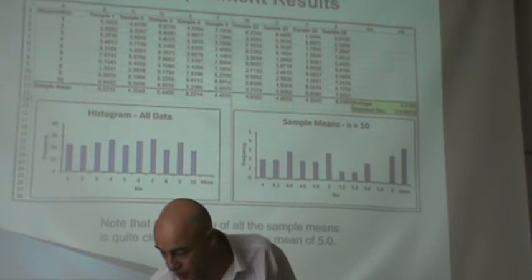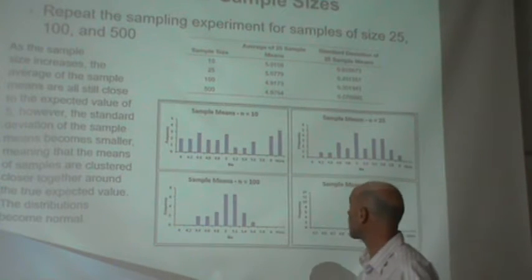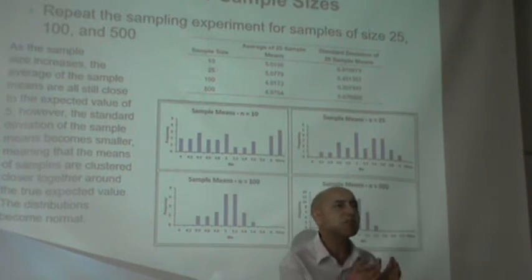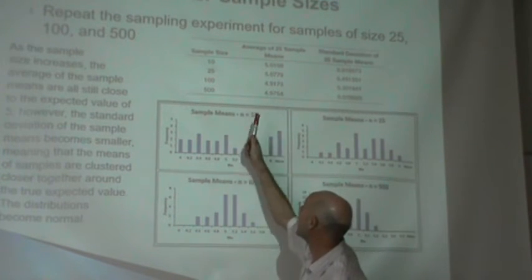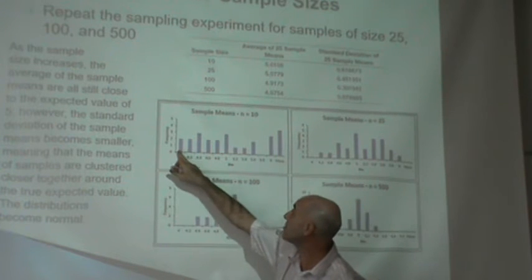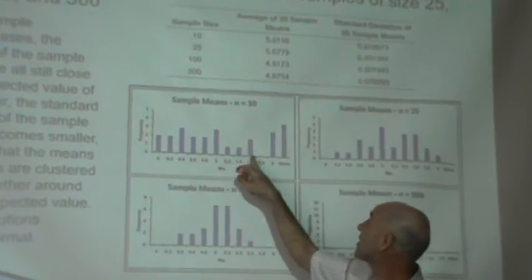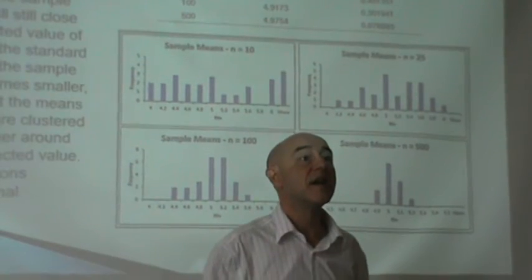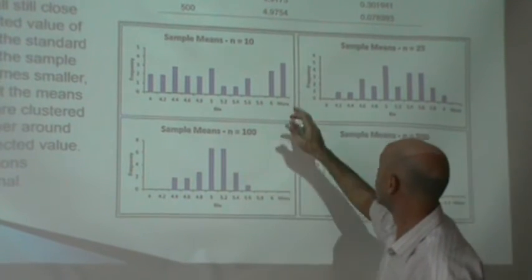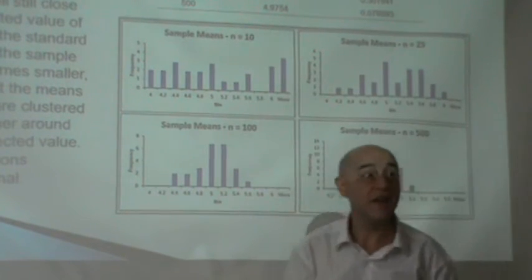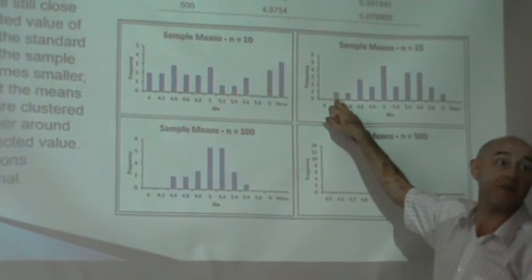Let's try and do the next. It actually shows the picture a whole lot better. If the sample is very, very small, let's say for your height over here, then we'll just take 10 people. You can get some people to be here and here. You get different samples and they're quite spread out. As you increase the sample size from 10 to 25, you see that you don't get these extreme values as much.